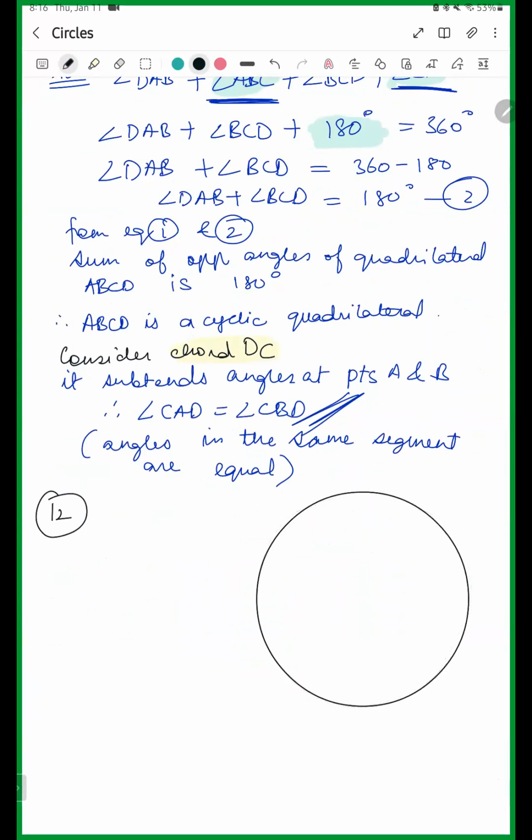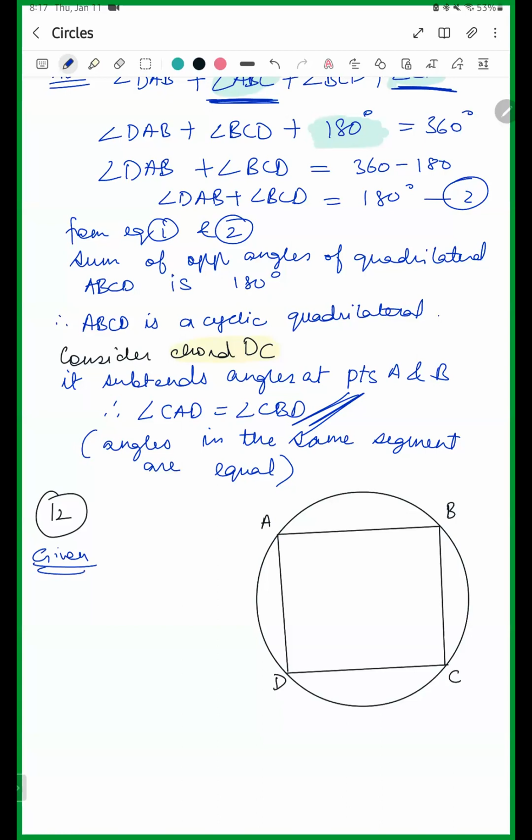So you have been given a cyclic parallelogram. What is given?